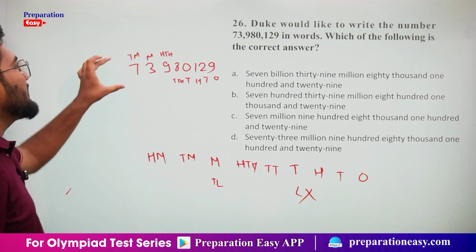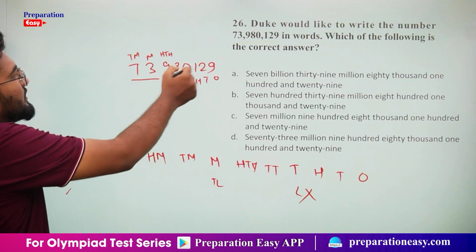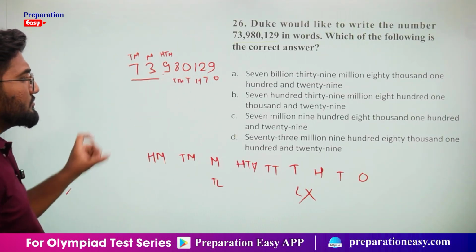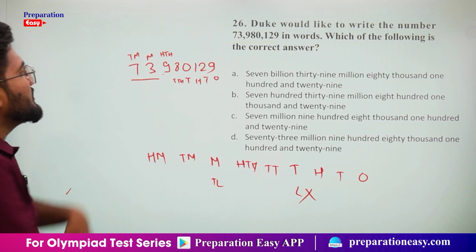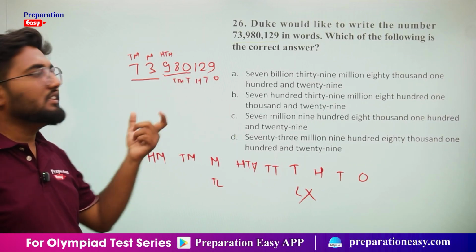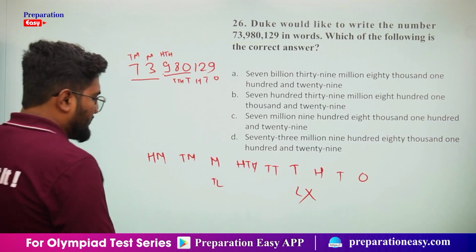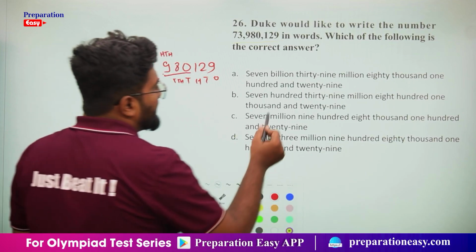So the number will become 73 million 980,129. So we have to find the option. It starts with 73 million.